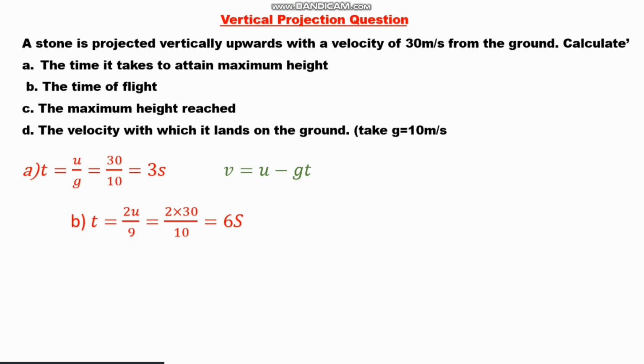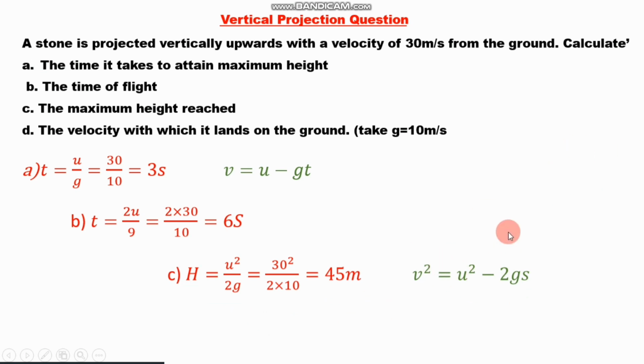In this case, we are going to use the third equation of vertical projection, which states that v² = u² − 2gs. Here we just replace s with h, because s is displacement and h, the height, is also a displacement.